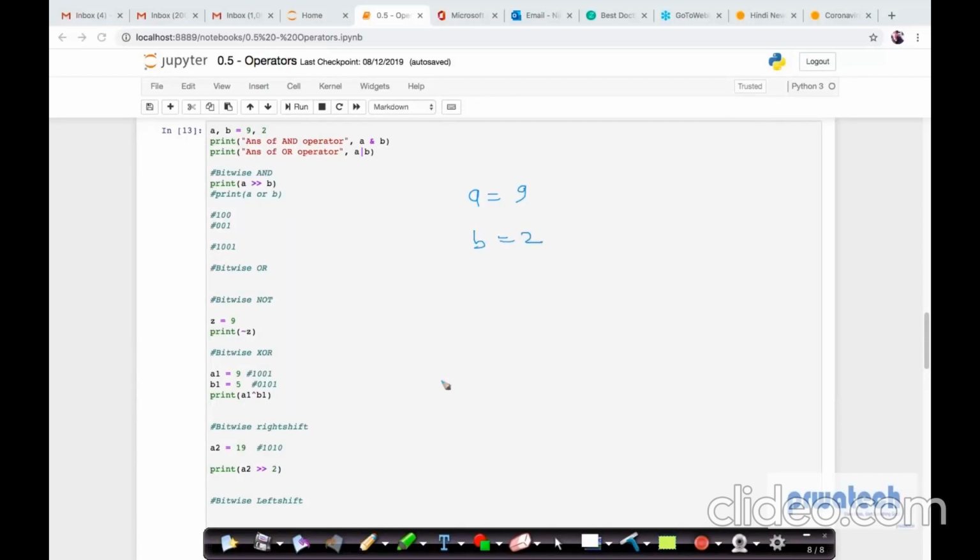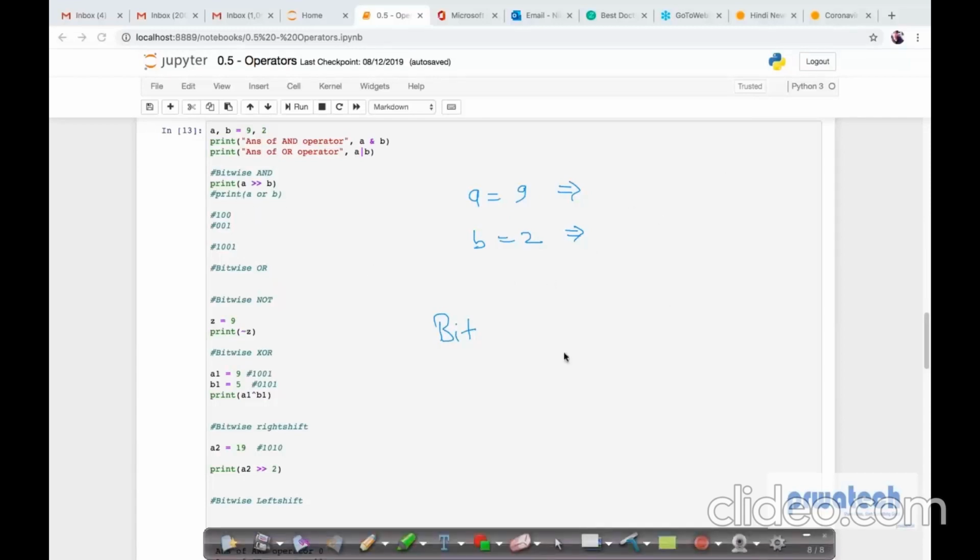A couple of questions to you. Do you know how to convert this 9 into binary? Do you know what the binary value of 9 can be? How do we interpret this? Simple method. Whenever you talk about bitwise, I think somebody answered. Okay, Bhushan, perfect.